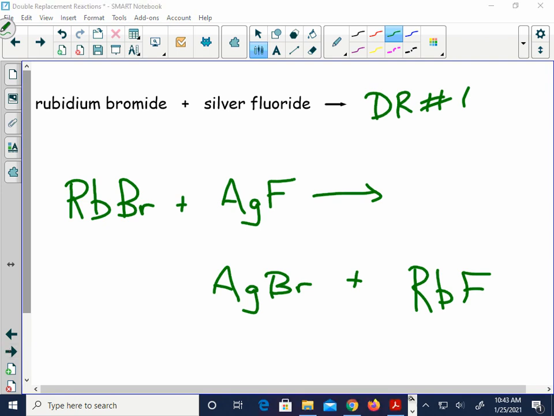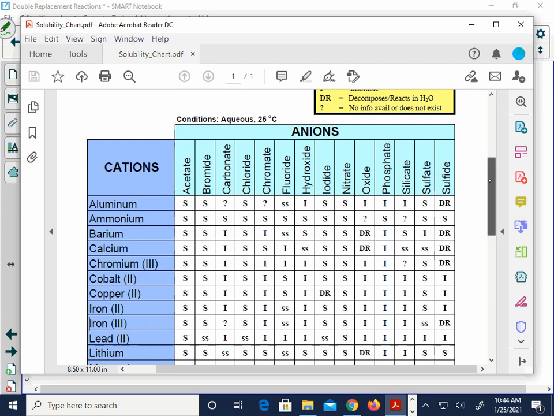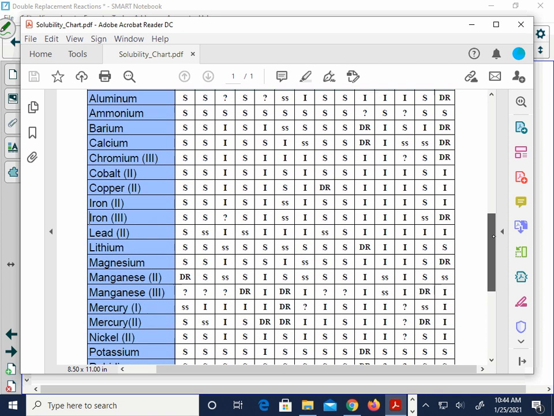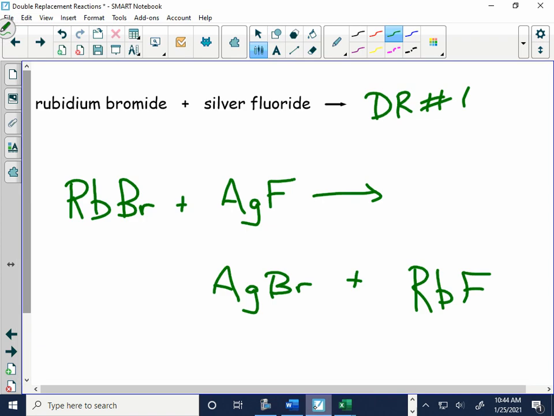So on my solubility chart, silver bromide, I'm going to come back up to the top, okay? Bromide is the second one in, so silver bromide is an I, okay? So that tells me it is insoluble. So besides silver bromide, I'm going to put that S. It's a solid.